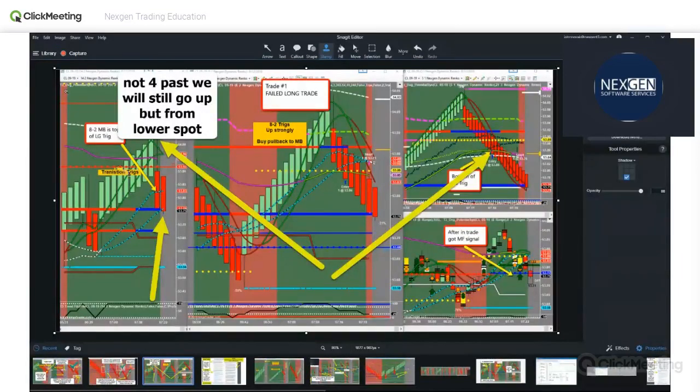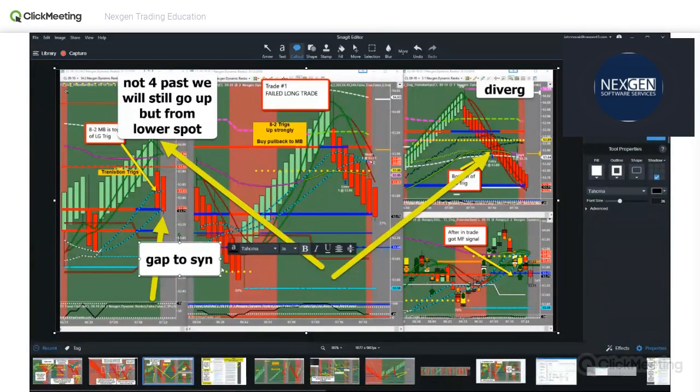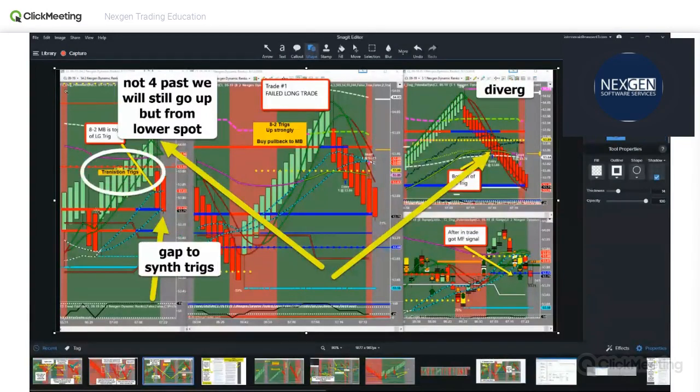When you're in a transition, the divergence on the small chart, or a fib on the small chart, or a gap back to the synthetic triggers. There's a couple of things that, as he even wrote, you have to pay more attention to when you're in a transition.